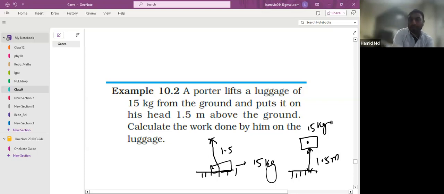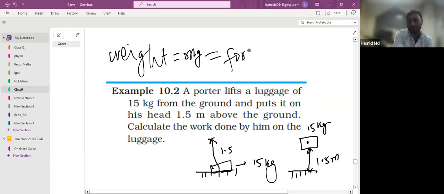Weight is mass times acceleration due to gravity. So this is equal to the force for the given problem, and you have a displacement of 1.5 meters.